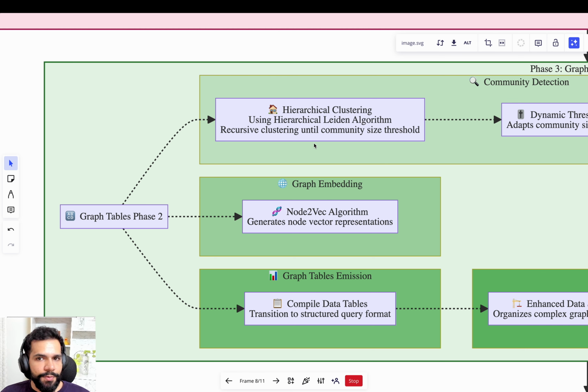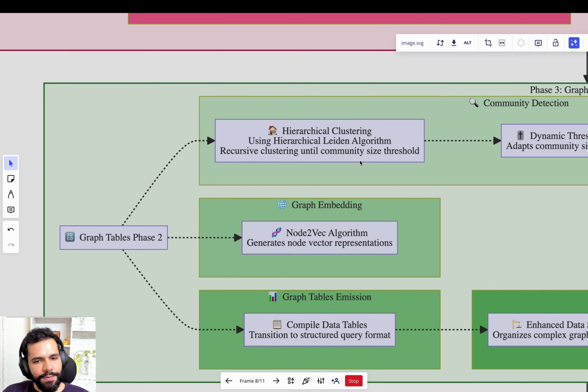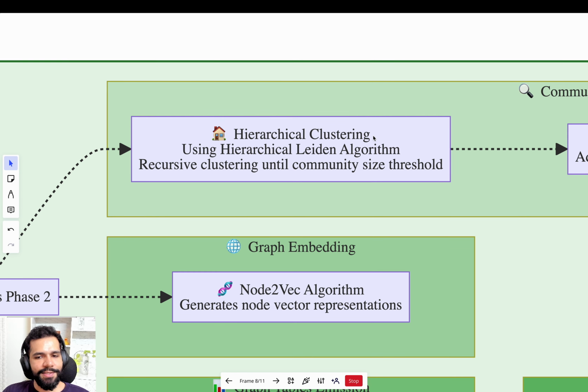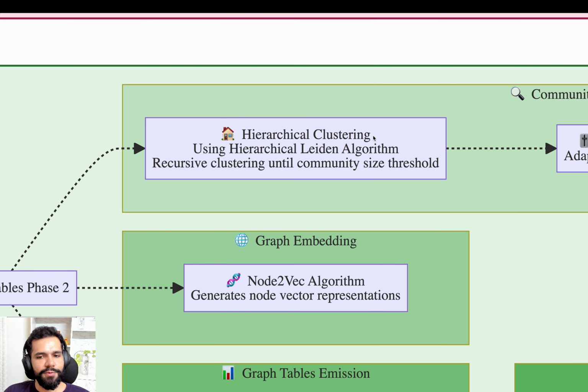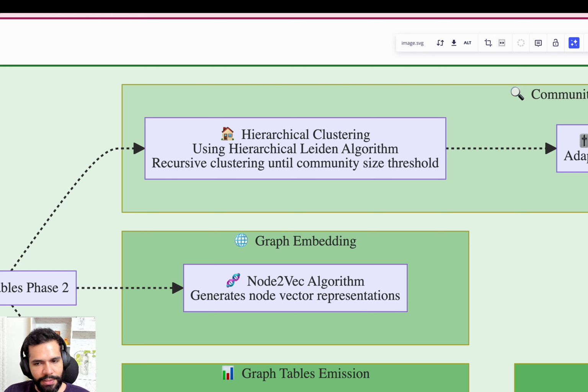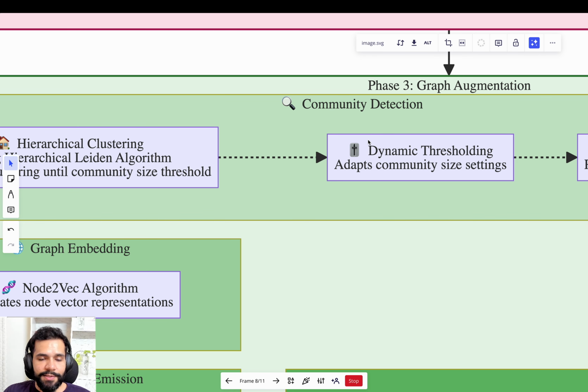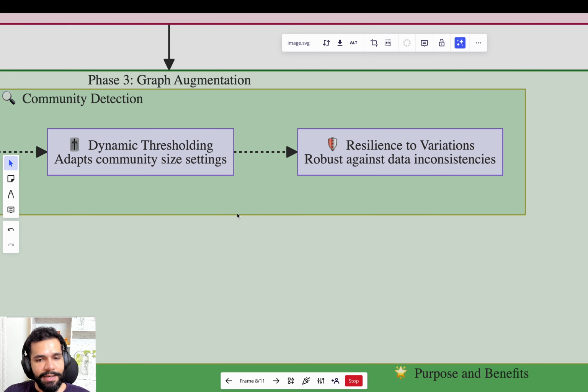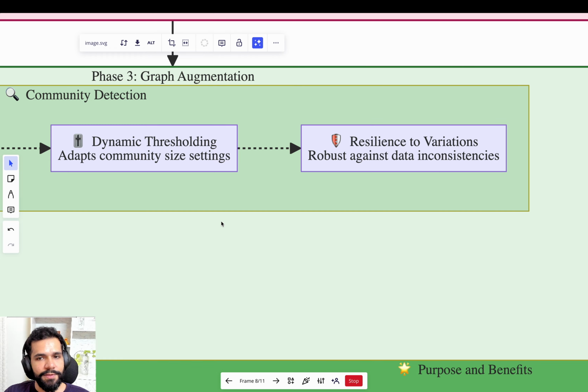We continue to do this recursion until a community size threshold is reached, which means there are enough nodes in the community to meet the community threshold, which is of course configurable. This technique allows us to discern the intricate community structure of a graph. It makes it much more modular for these communities to exist, and it's essential for navigating and summarizing the graph at different levels of granularity.